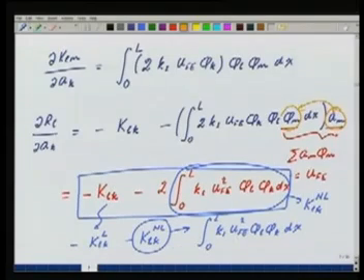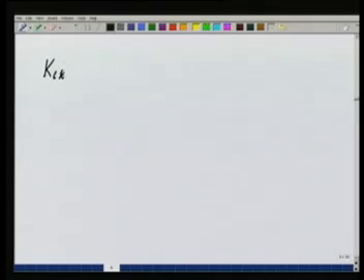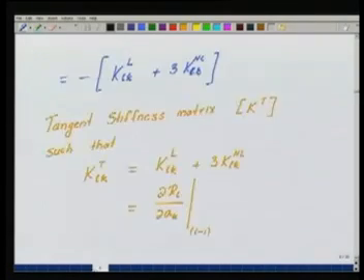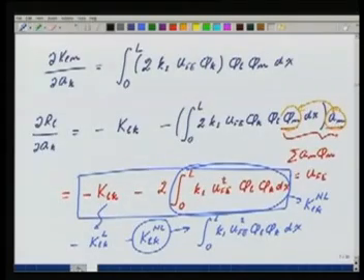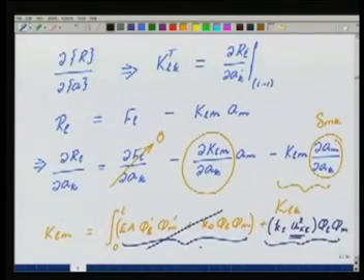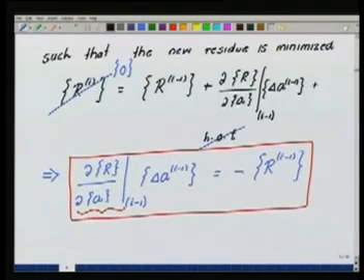Because we have to evaluate it, we have not done the evaluation at the previous step, so it will be for us in this problem K_LK tangent, and I have thrown out the minus part. Why? Because the minus on this side and the minus here will cancel out, so we will be left with essentially K_T acting on ΔA is equal to R_{i−1}.